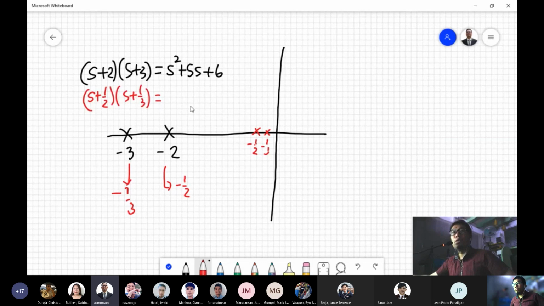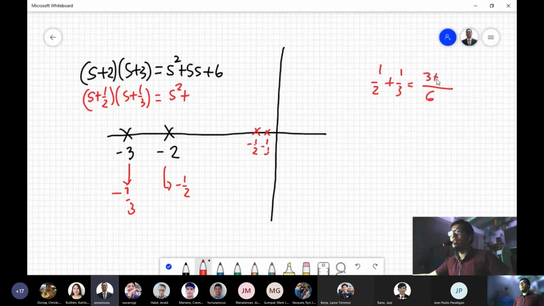Pag minultiply natin yan, that becomes s square plus (1/2 plus 1/3)s plus 1/6. Pag inadd natin yung 1/2 at 1/3, 6 ang LCD, so this is 3 plus 2, that should give us 5 over 6.